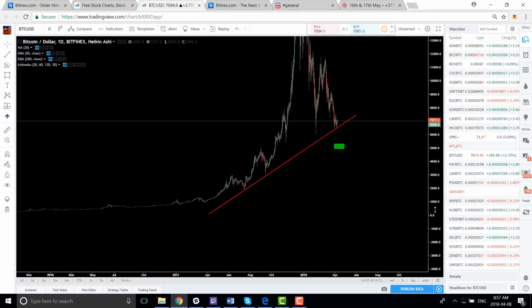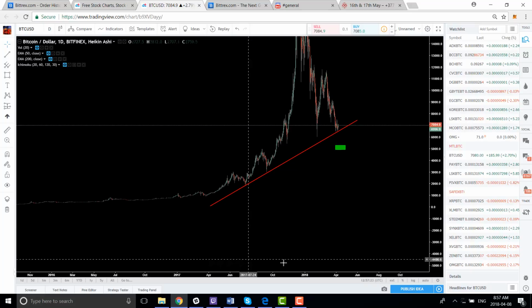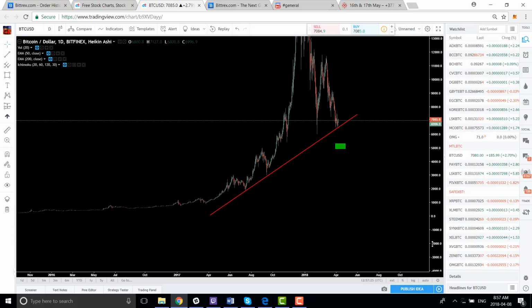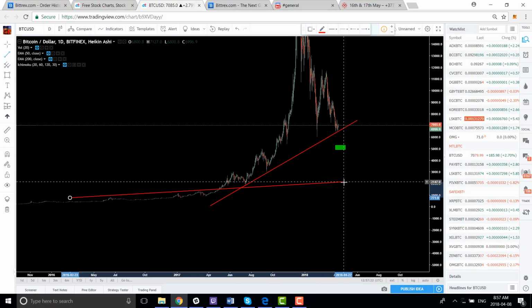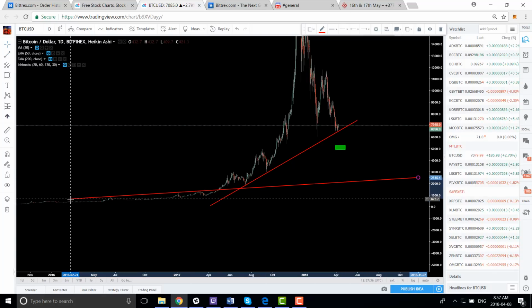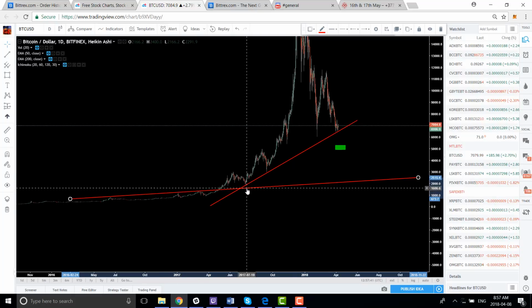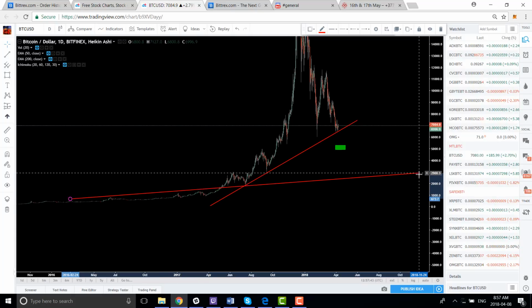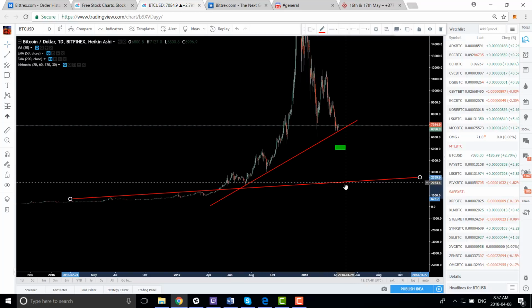You can draw support levels from a long time back in the history. So let me take this point. You see it's touching here, it's touching there. That's 3 points. Right there, you see it's touching 1, 2, 3.